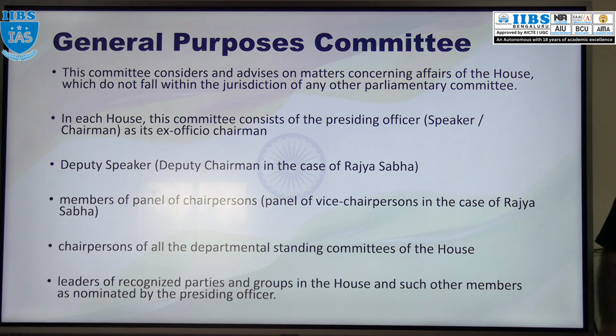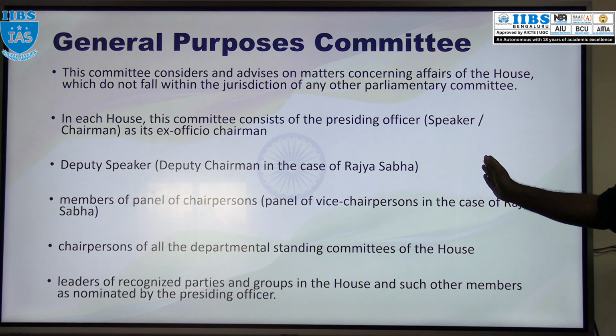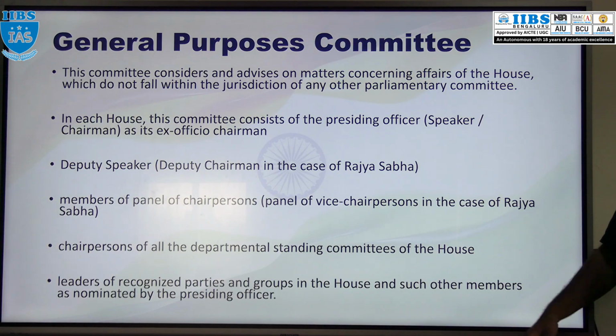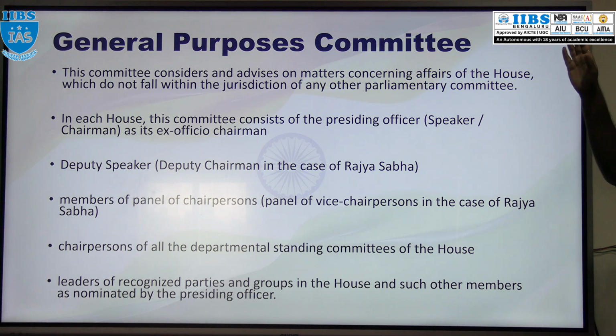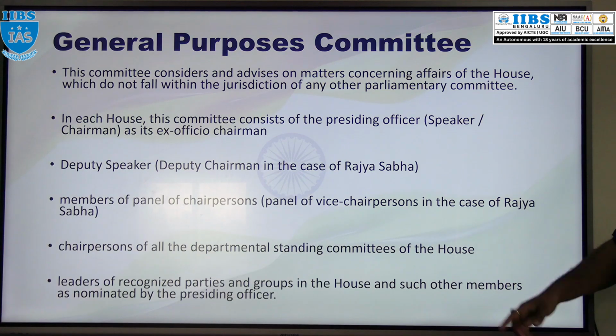Chairmen of all the departmental related standing committees are there, right? 24. In the budget we discussed. So the chairmen of those departmental committees are also members of this committee. Apart from that, leaders of the recognized parties or groups in the house are also members of this committee, or other such members nominated by the presiding officer.